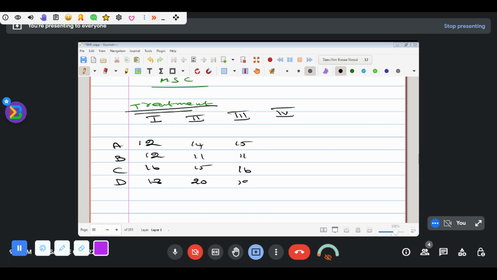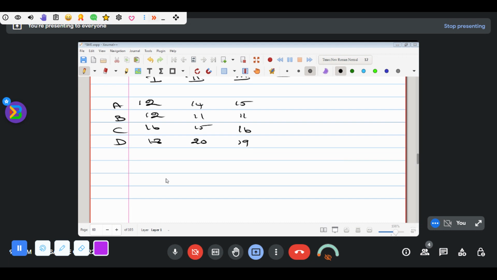After you read, you arrange all the calculations. What is the SST formula? SST equals the summation of treatment totals squared divided by n, where n is 4 only, minus the correction factor.